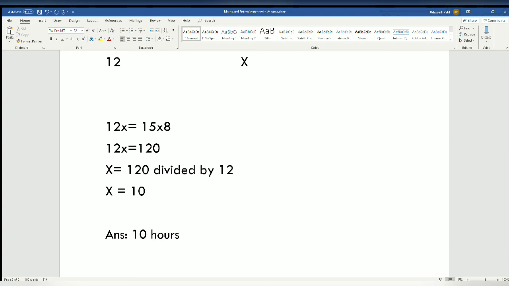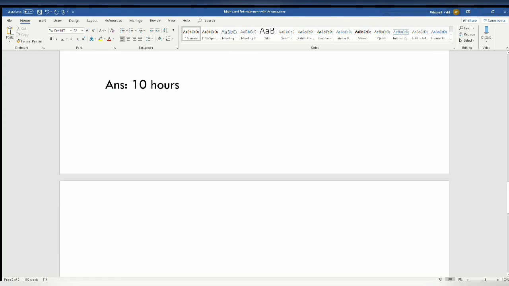Now we shall revise what is direct proportion and inverse proportion. Direct proportion is where the ratio remains constant, and inverse proportion means the ratio doesn't remain constant and the product remains constant. Now I shall give you some examples.